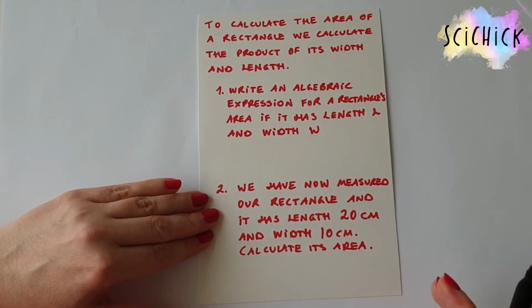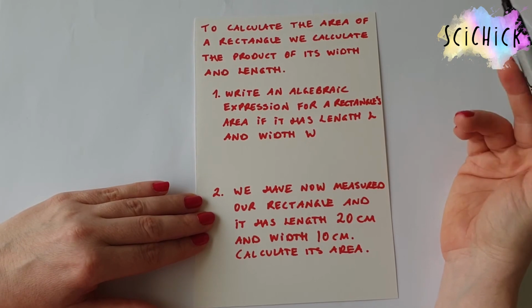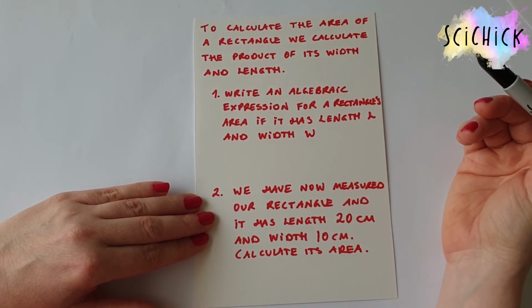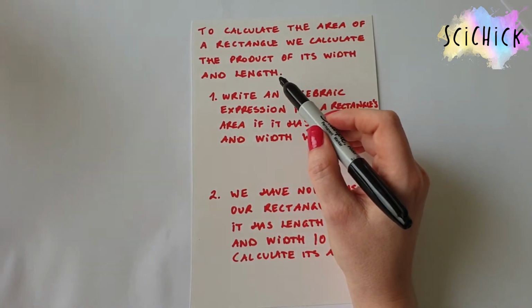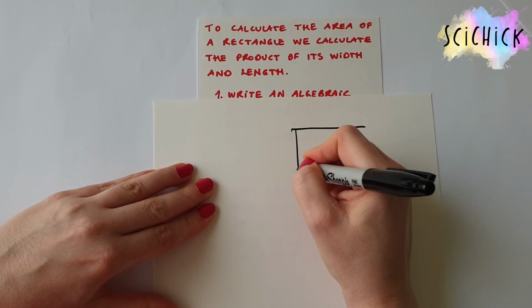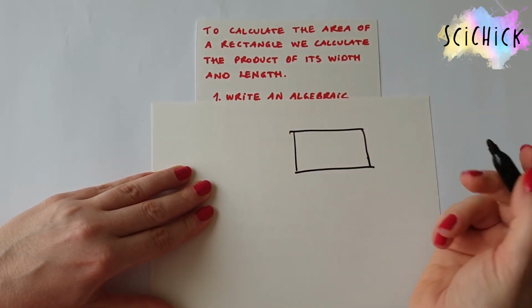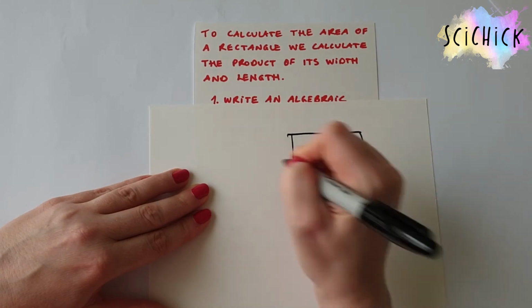And finally, for something a little bit different, I'm going to teach you how to calculate the area of a rectangle, and that's just going to be the product of its width and length. So if we have a rectangle like this, it's going to have a length, and it's going to have a width.